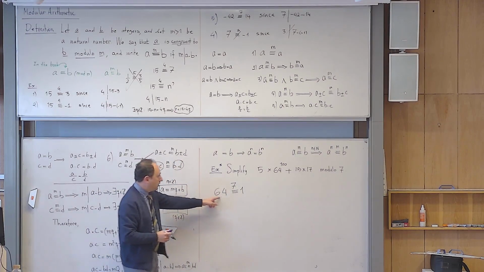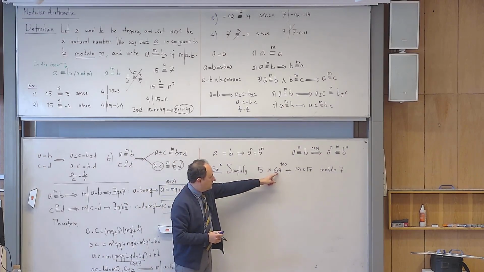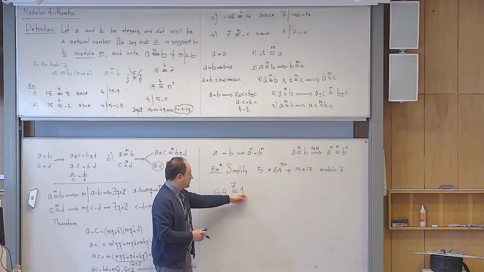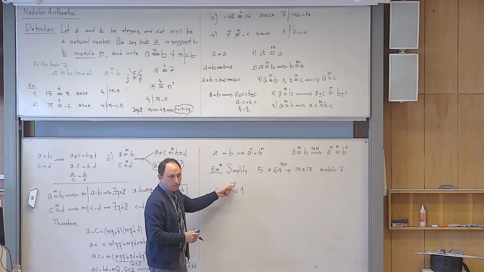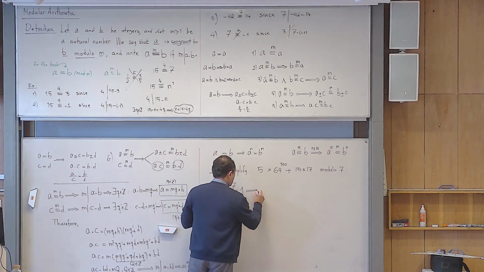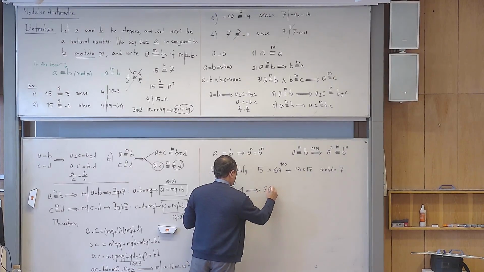This 64 is the number that you see here. Do you agree this is true? Yes, because the number on the left minus the number on the right is 63, and 63 is divisible by 7. So this is a true statement. Now, do you agree with me that I can write something like this? Just tell me why, okay?